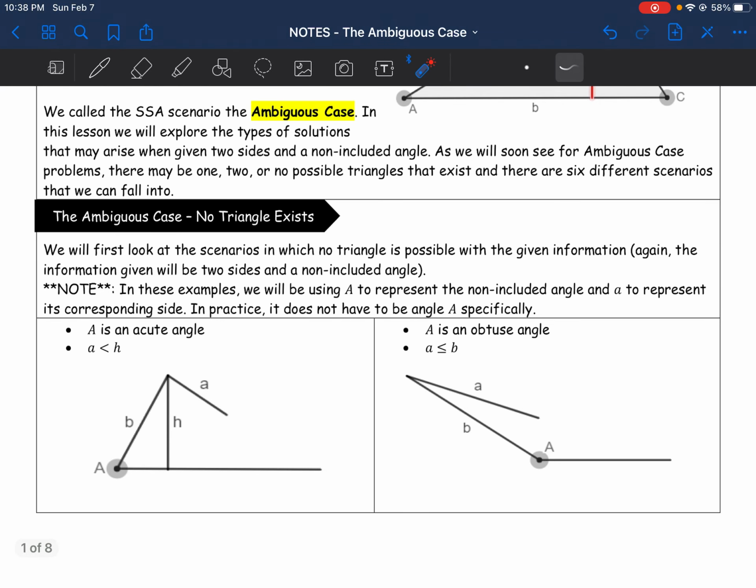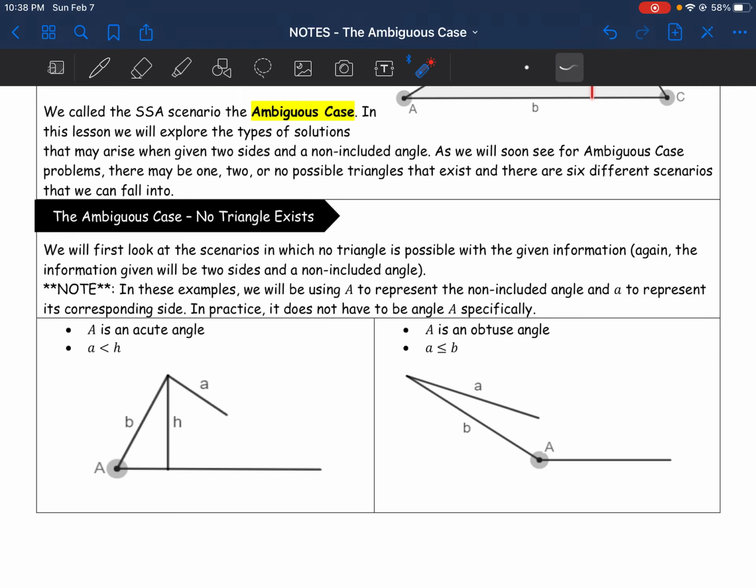triangle exists. And something that I need to stress very heavily here, and it's very important that we all understand this, is that in each of the examples that we're going to be looking at, angle A is going to represent the angle that you are provided. It's representing the non-included angle, and lowercase a is going to represent the side opposite of the angle provided.